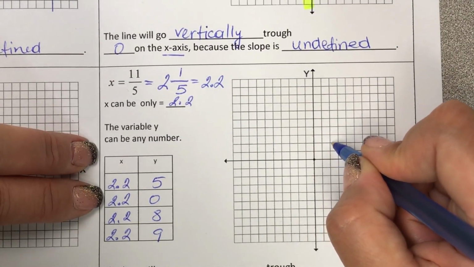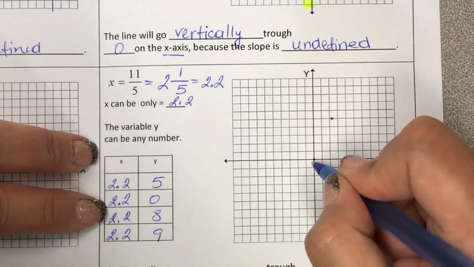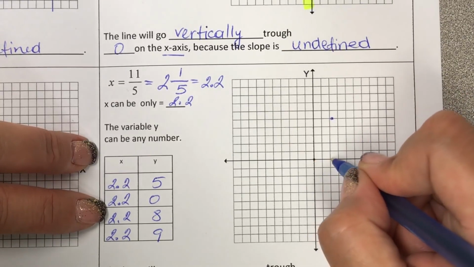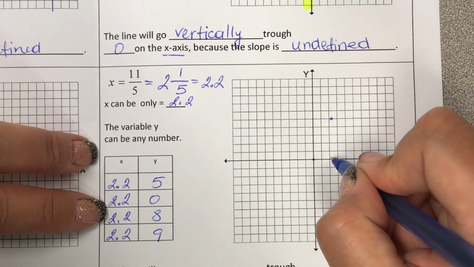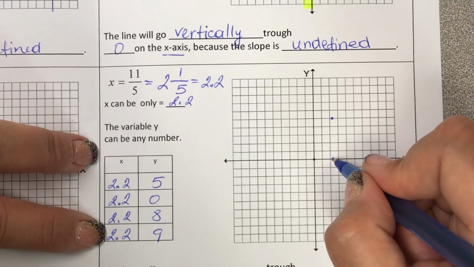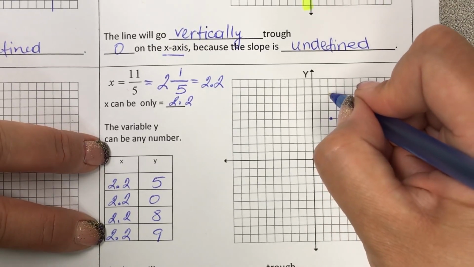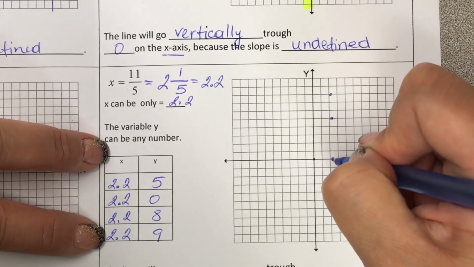And then up, I have to go 5 units. Then 2.2 for x, again 2 full squares and a little bit, and stay on 0. Then 2.2 and up 8, and then 2.2 and up 9.